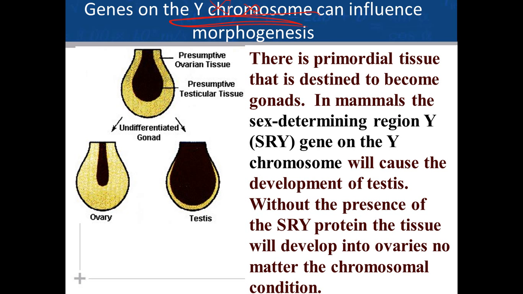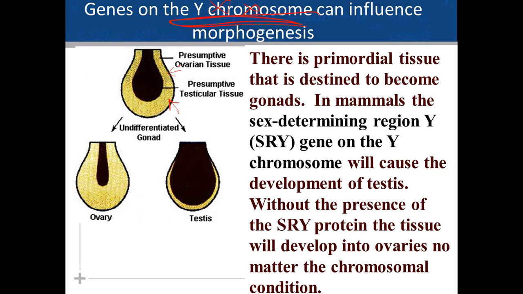So let's look at what happens. First off, you're going to have a primitive gonad. And that primitive gonad has the ability to turn into either a testes or an ovary. If you are a female, then that primitive gonad will turn into an ovary. And if you're a male, that primitive gonad will turn into a testes.